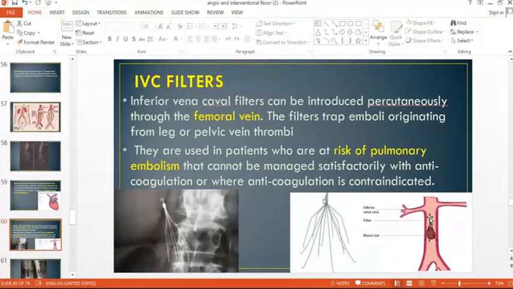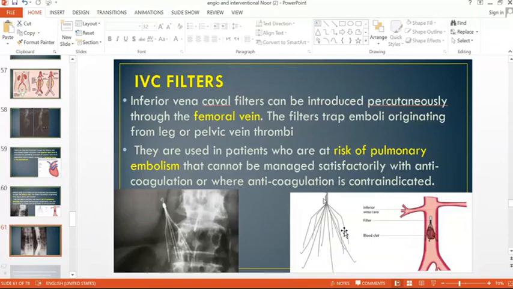So the idea is to put something in the IVC that will catch thrombi and prevent them from reaching the pulmonary circulation or the renal arteries, by putting a filter if we can't control the DVT medically for whatever cause. There are a variety of shapes and types of IVC filters that differ.